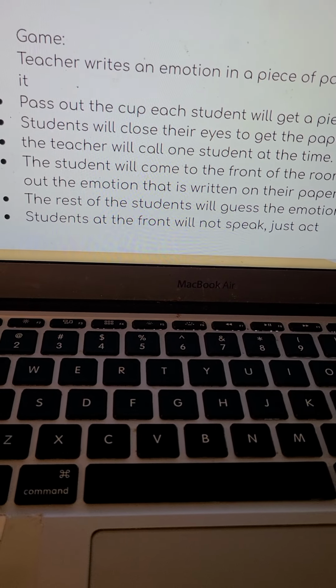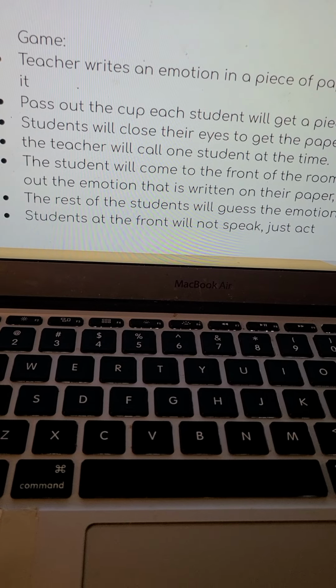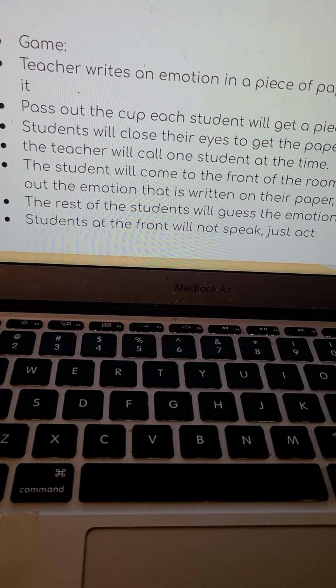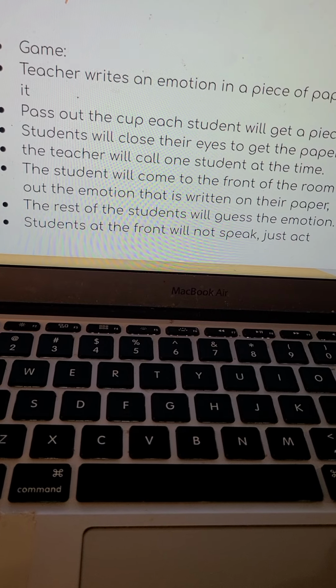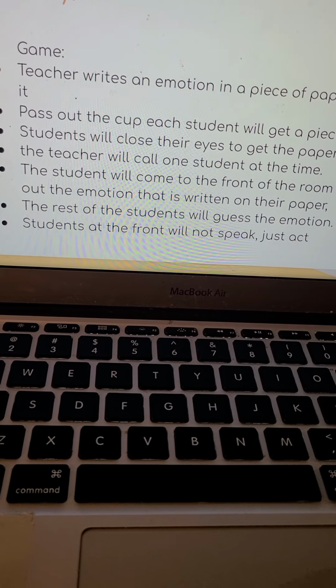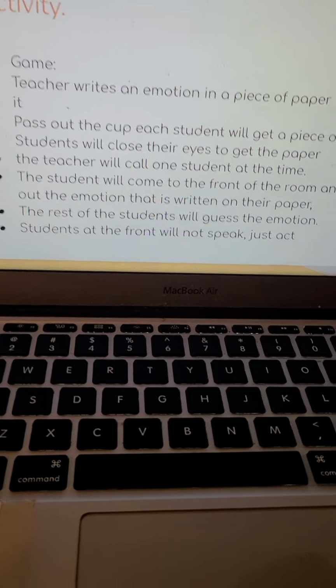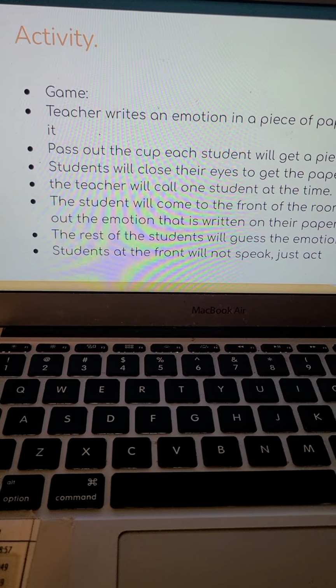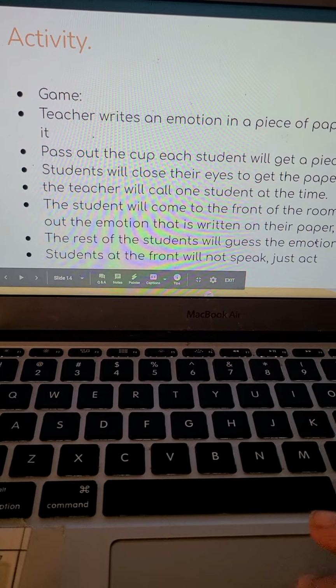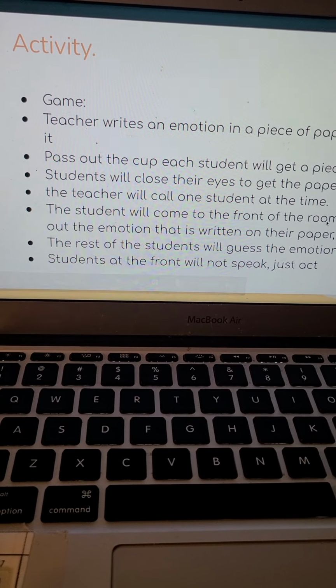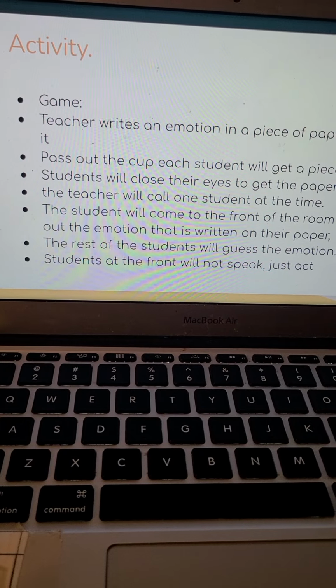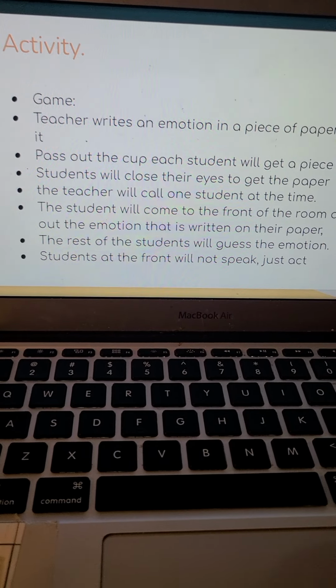My goal with this game is to reinforce that there is a face for every emotion, and they can transmit that emotion to others, because we will guess the emotion. Okay, so that's just an activity, again, just to interact with the material and reinforce what they have learned.